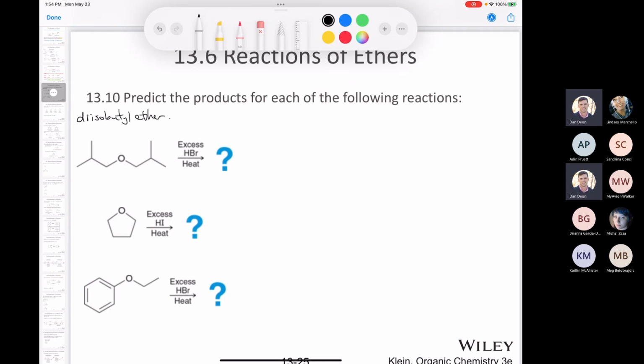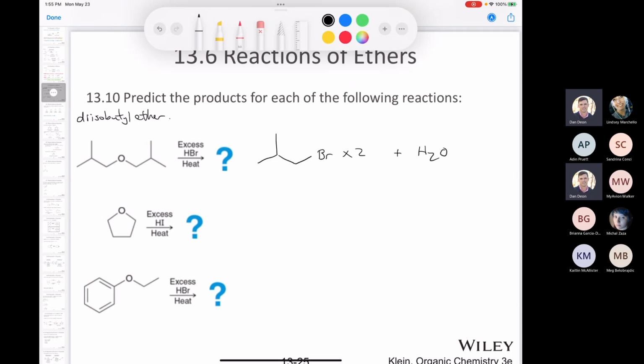And we're treating it with excess HBr and heat. Keep in mind that an isobutyl group and an isobutyl group, they're both alkyl groups. And so what we're going to end up with are two molecules of isobutyl bromide. So here's my isobutyl bromide. So we'll put times 2, plus we'll also end up with a water molecule.